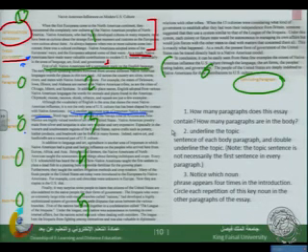By the way, although is one of the transitional words, one of the transition signals. Do you remember that? These transition signals help you connect paragraphs together. Although was one of them, so it connects this one with the following.